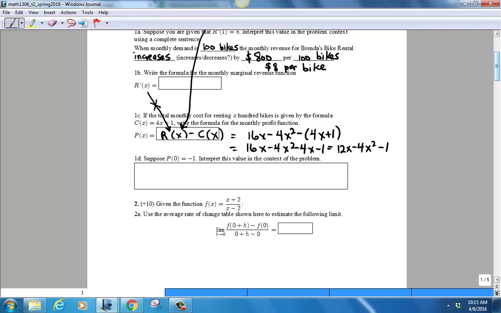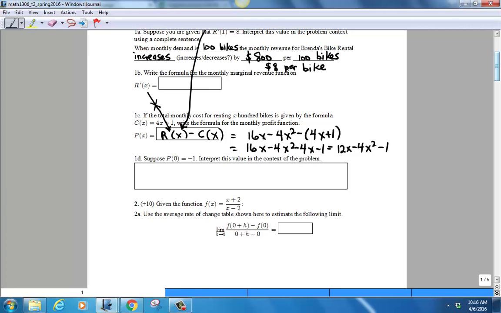So notice this says P of 0 equals minus 1. That is P, which is the profit. That is not the marginal profit. That is just the total profit, not the marginal profit, okay? So when you write down your interpretation here, you're not going to write down the words increase or decrease, okay? Increase or decrease refers to a rate, and those sorts of words are for when you're interpreting marginal profit or marginal revenue or marginal cost, okay?